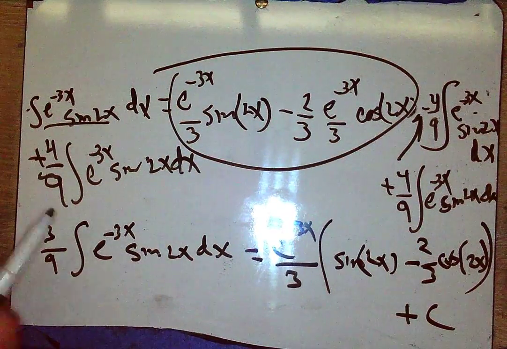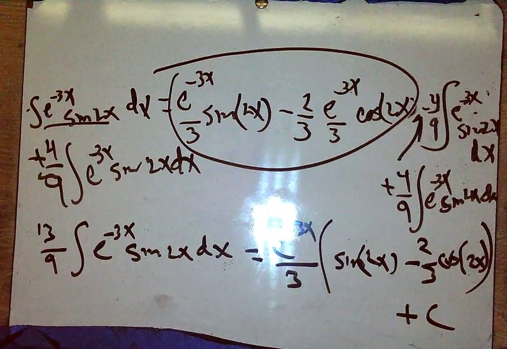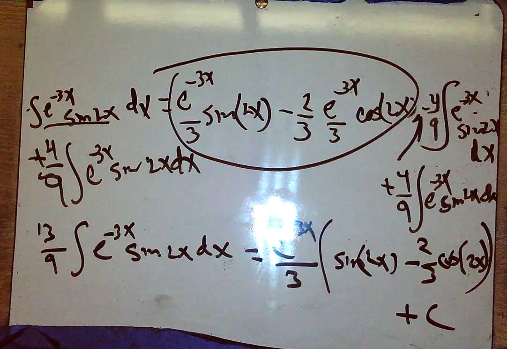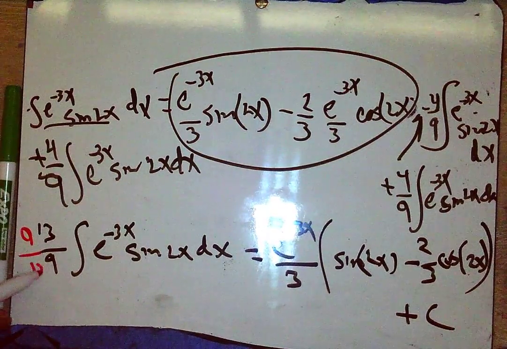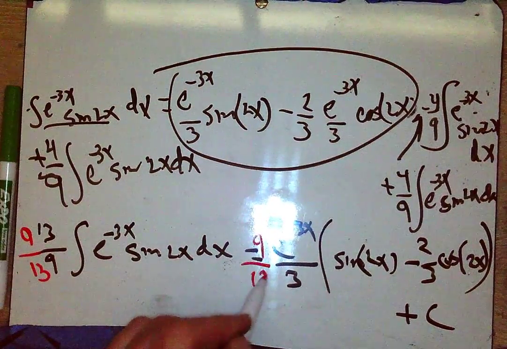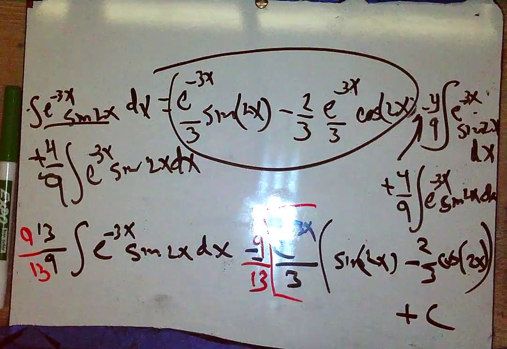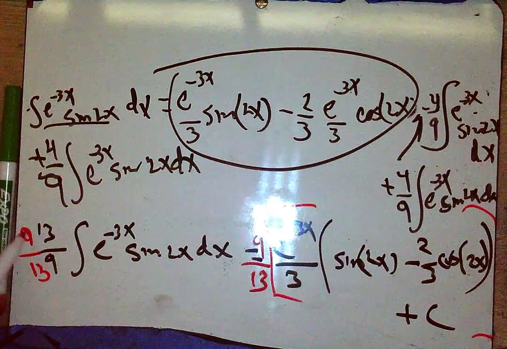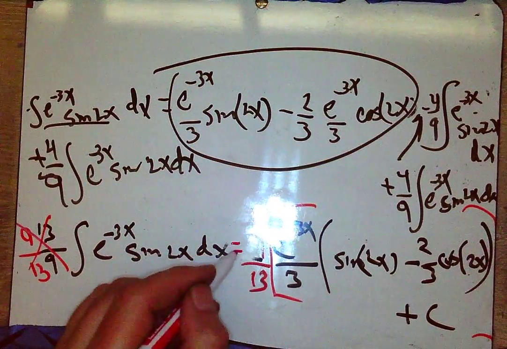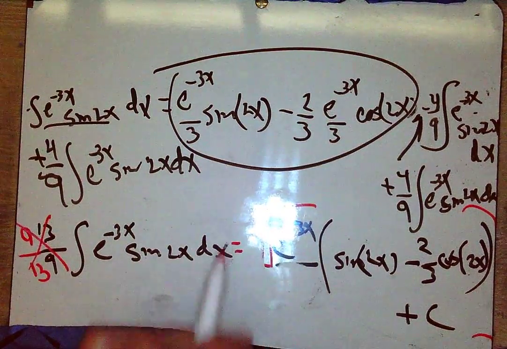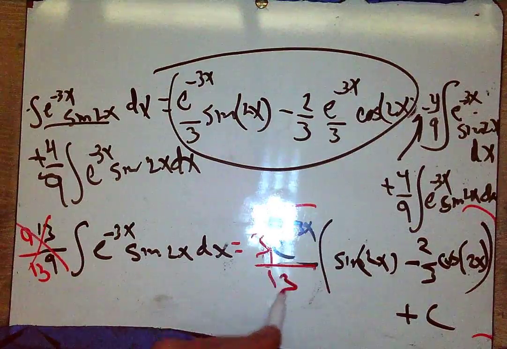Not quite. We don't want 13/9 over there. So we're going to multiply both sides by the reciprocal, 9 over 13, to all of that stuff. And so we end up with 3 over 13.